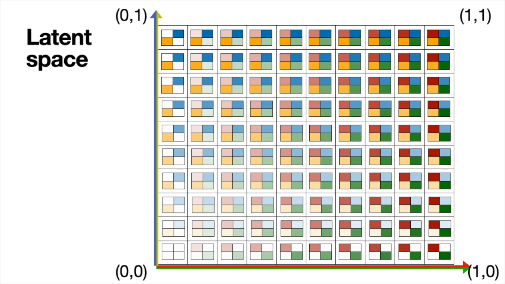Now, notice that we can pick any point from this latent space uniformly, which is the same as grabbing those two numbers and putting them through the decoder. So we can generate every one of these images with the same probability and the same likelihood. But what if that wasn't the case? What if the dataset only contains some of these images, but not the other ones, and we wanted to generate only those?